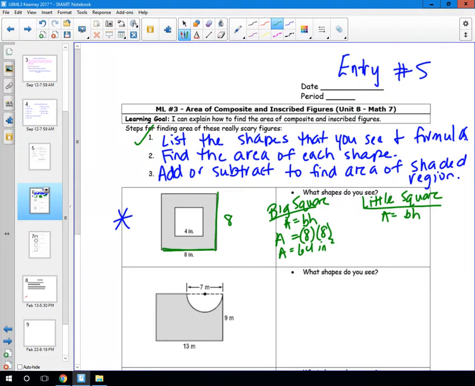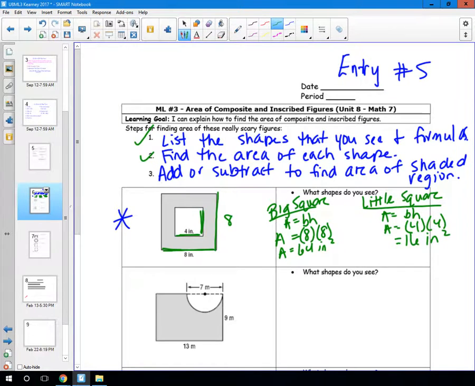We're going to do the same thing for the little square. Base times height. The base of the little square is 4, so the height is 4. So 4 times 4 is 16, so 16 inches squared. So now I've done step 2. I found the area of both shapes.